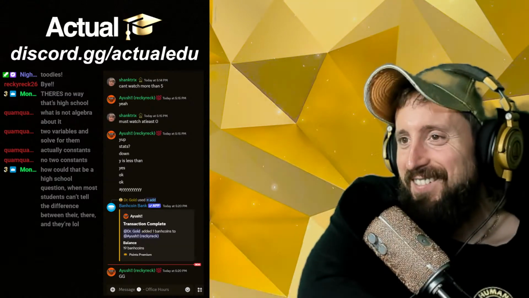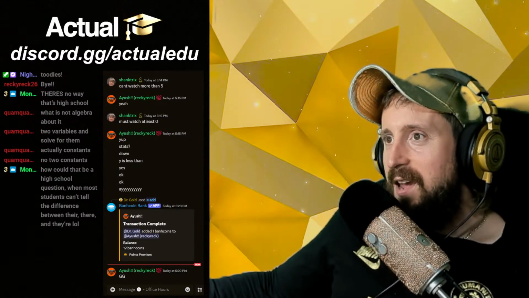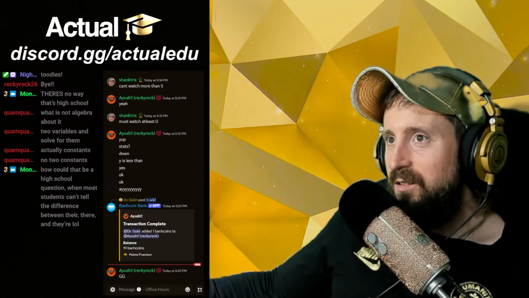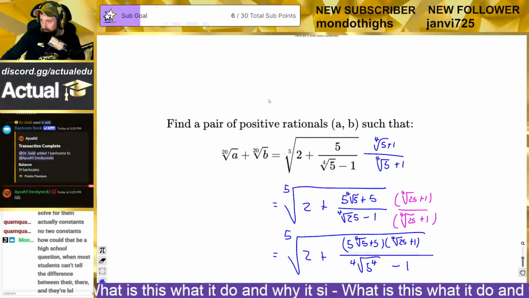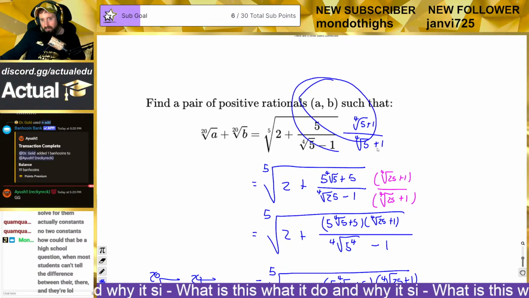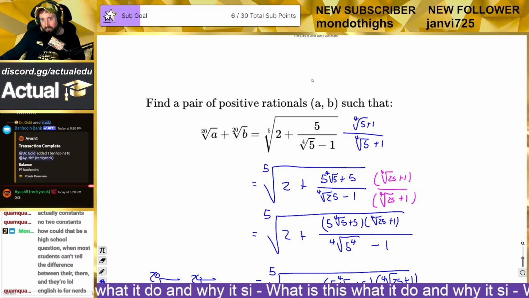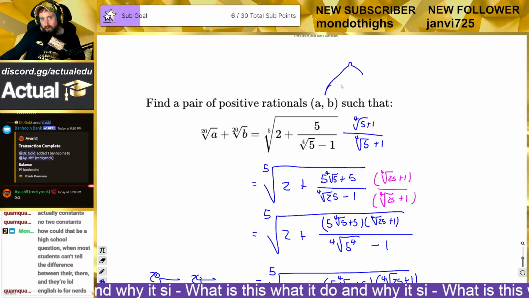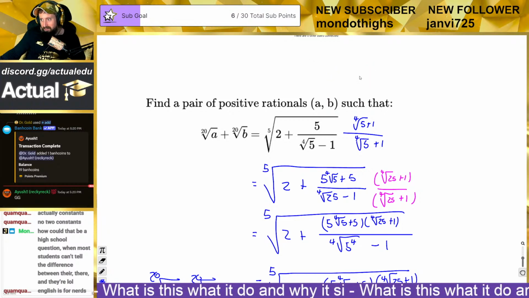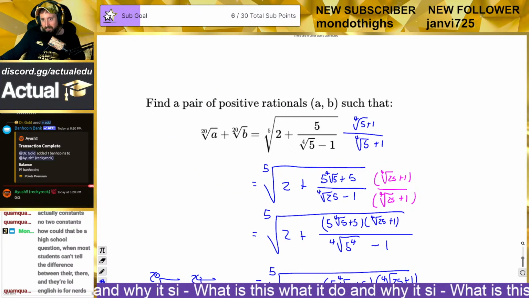They're not constants though. A and B are numbers in this question. Find a pair of positive rationals. Yeah, they want A and they want B, and they have to be rational numbers. This is actually not very bounded, honestly.